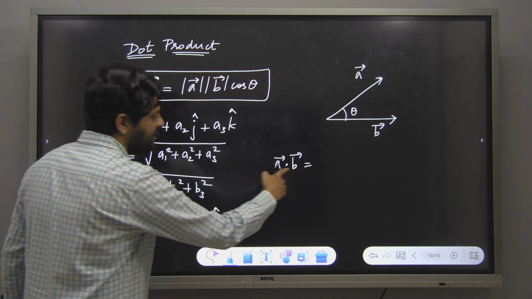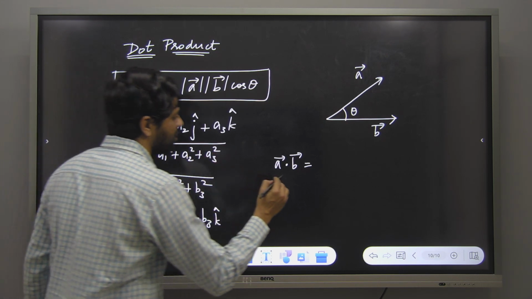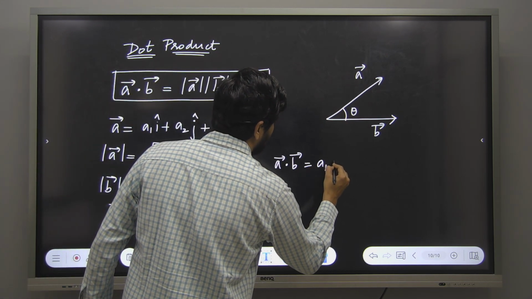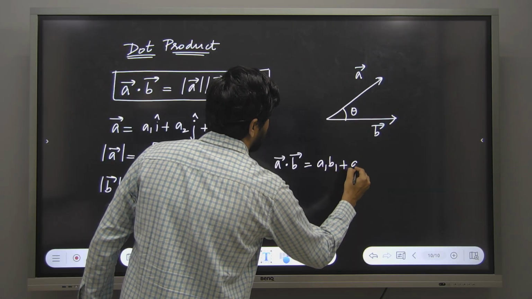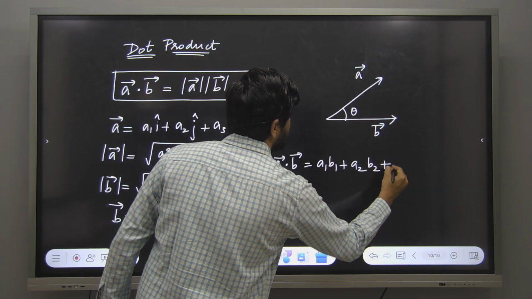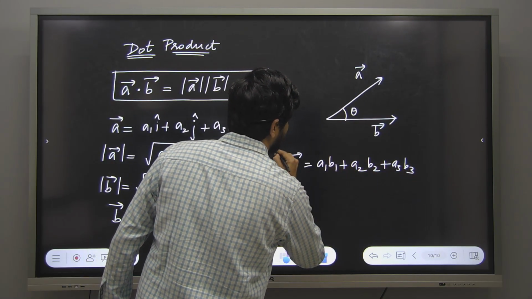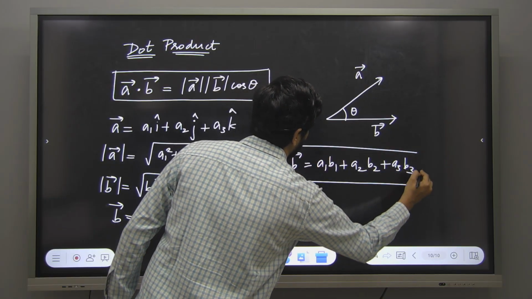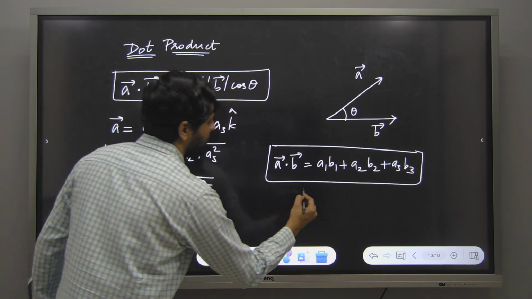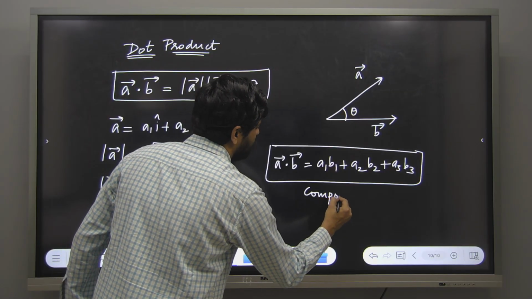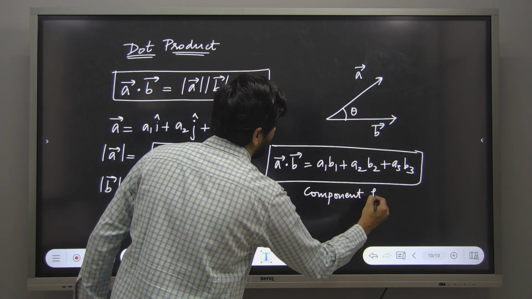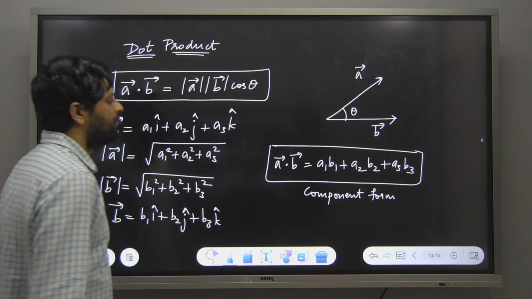Now if I write the answer in the component form, it is A1 B1 plus A2 B2 plus A3 B3. This is one more formula for A dot B, called the formula in the component form.